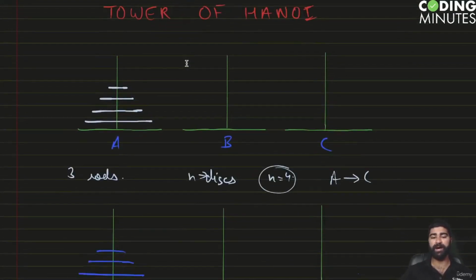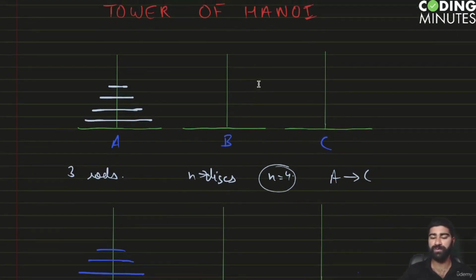Now let's see how we can use recursion to solve it, right? What does recursion always do? We always know that recursion is nothing but dividing a problem into sub problems, right? And asking that, okay, to solve this problem, why don't you solve a part of it? We will make a move and then solve another part of it, right?